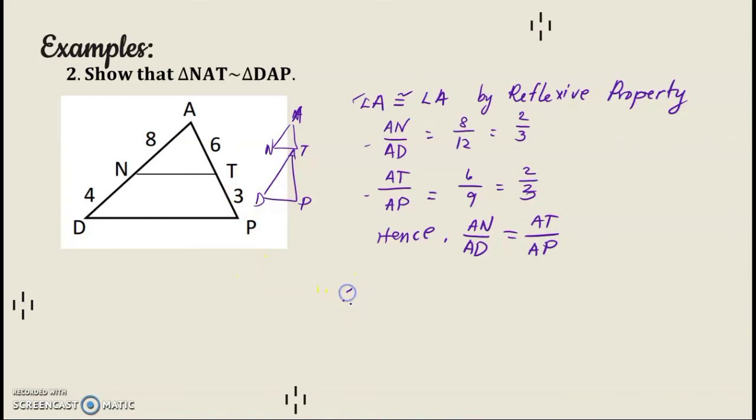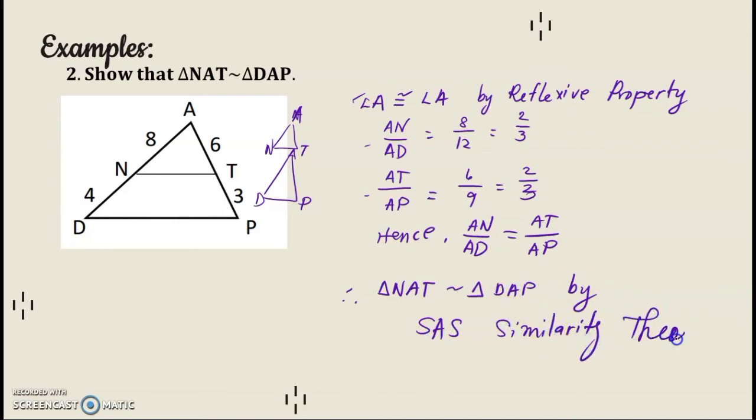So therefore, triangle NAP is similar to triangle DAF by SAS similarity theorem. Okay, so ganun lang kasimple.